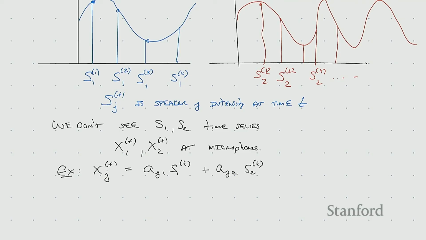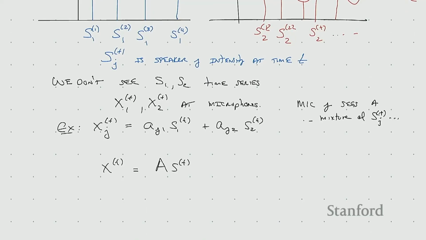So mic J sees a mixture. And we're going to assume this mixture is fixed, just for the moment. If they're moving around the room, that's not true any longer, but we're going to assume it's fixed for the moment. Okay? So I can write this compactly as x of t equals A of s of t.